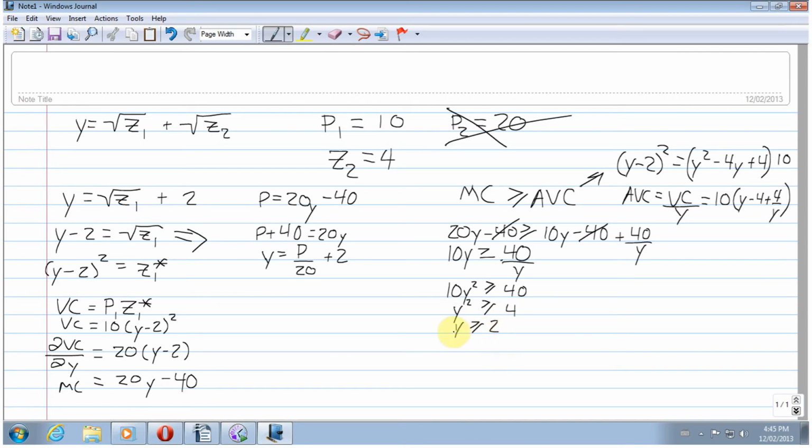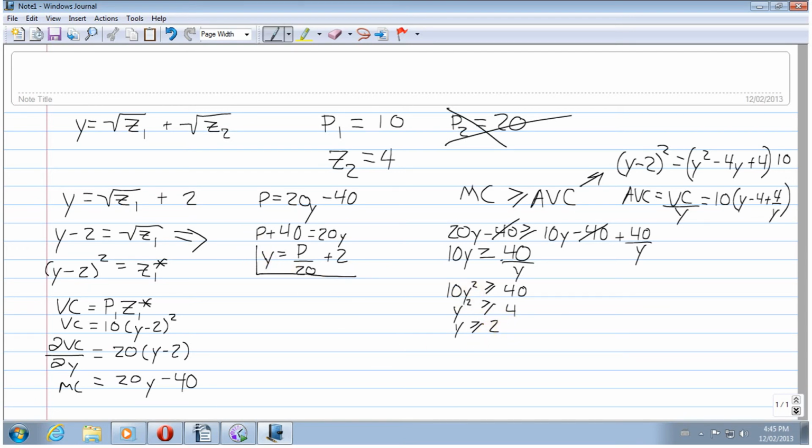Because we're not considering the case where output is negative, we don't have to worry that negative 2 for a value of y would also match this constraint. So I've got that MC is greater than or equal to AVC when y is greater than or equal to 2. So what is that in terms of price?